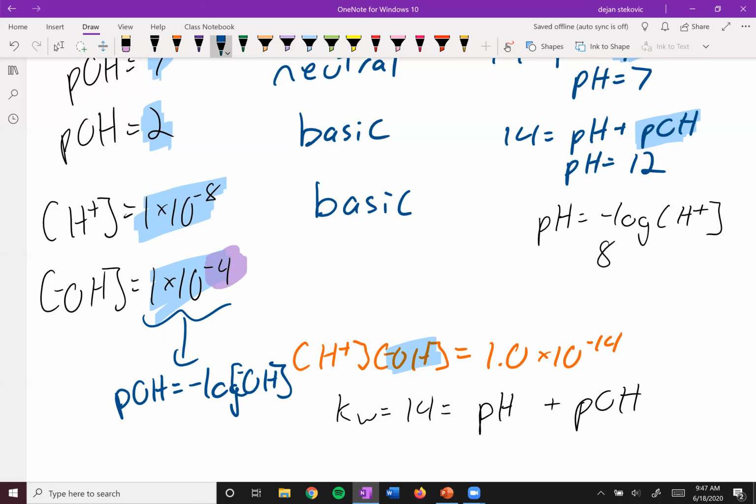So that means that the pOH is equal to 4. And so if this number is equal to 4, then your pH has to be equal to 10. And if the pH is 10, that's greater than 7. So overall, that is basic. So you see, when we're talking about the concentration of H plus and the concentration of hydroxide, and we're talking about pH and pOH, they're really the same thing.